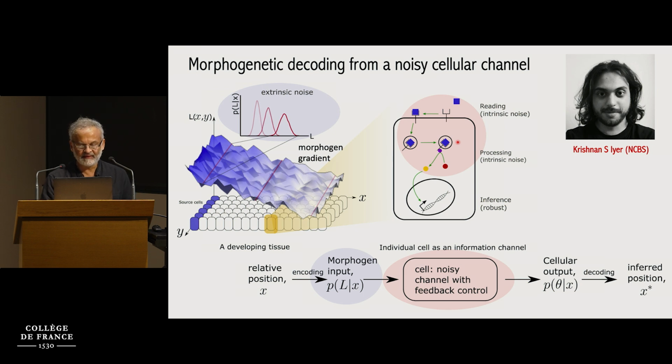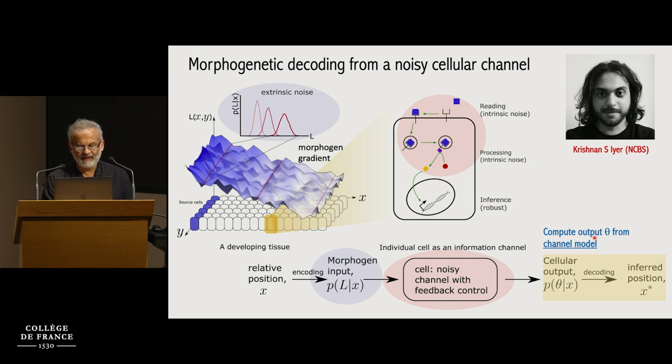The chemical reaction network that every cell is endowed with also has its own noise, and so contributes an additional intrinsic noise over and above the extrinsic noise that the input distribution of the morphogen had.